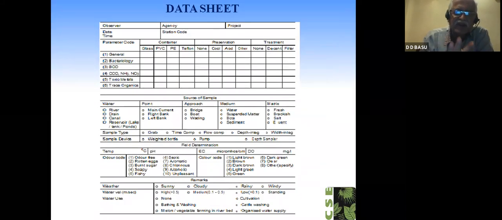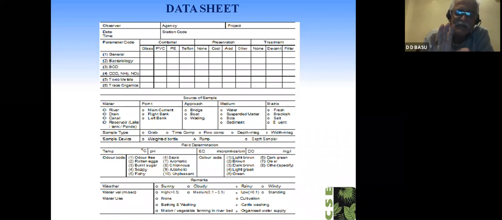This is a chart you can fix, and this is the standard chart used all over the world by GEMS, the Global Environmental Monitoring System stations, which operate throughout the world. It is also followed in the CPCB and SPCB monitoring network, and CWC is following it too.